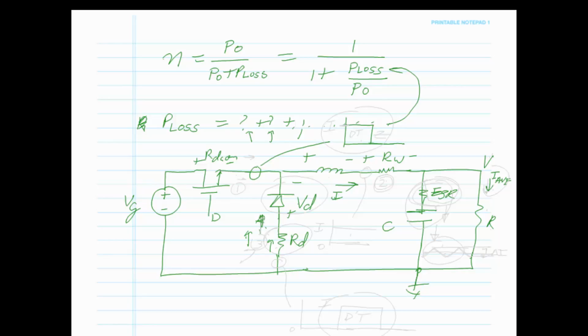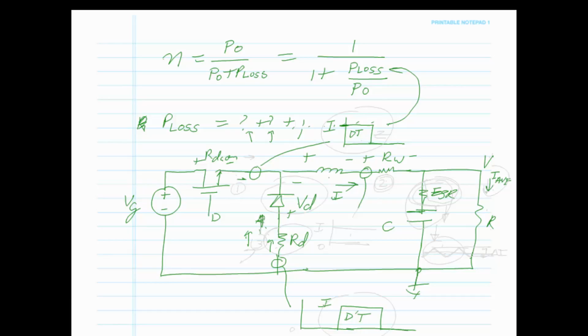This is DT, and the current that's going to flow through there when the switch is on is going to be the I. What does this current look like? That current looks like up, down, again I, but during D prime T. And what does this current look like?